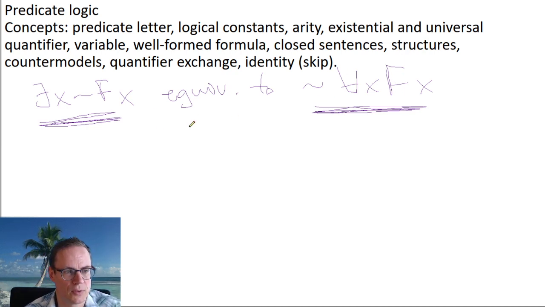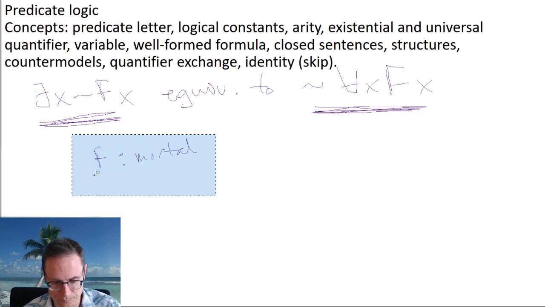Suppose that there's an immortal person, f is mortal. Well, then the existence of one immortal person, which is expressed here, there's somebody who's immortal, is equivalent to not everybody is mortal. Okay? And vice versa.